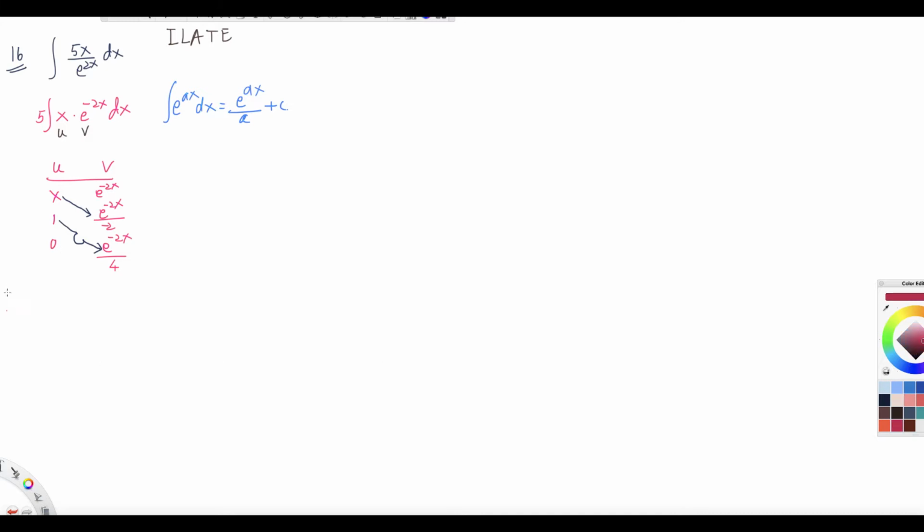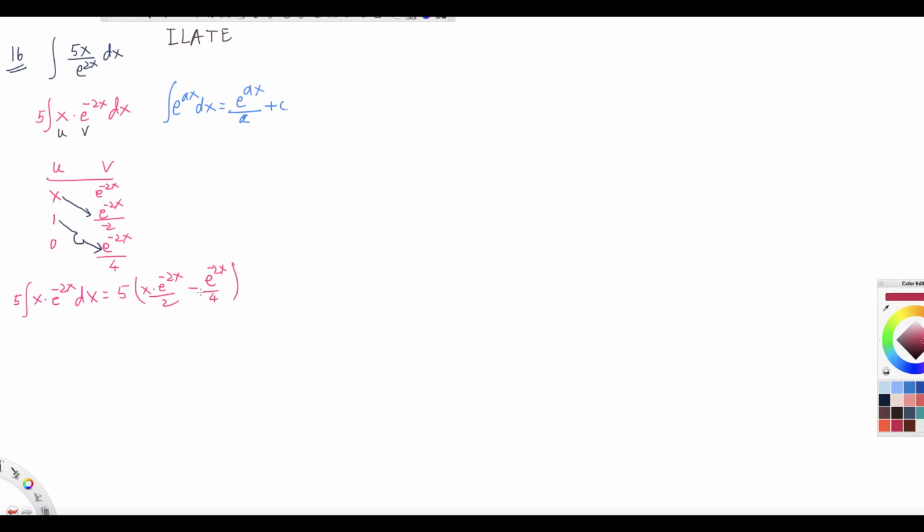So you get the integral of, there is a 5 outside, and you can do 5x, no problem, or you can do just 5 outside and then x, no problem. So the integral of x times e to the negative 2x dx is equal to 5 times, now the integral of x times that, what do you get? x times e to the negative 2x over negative 2, this times that, and then minus 1 times that will be e to the negative 2x over positive 4.